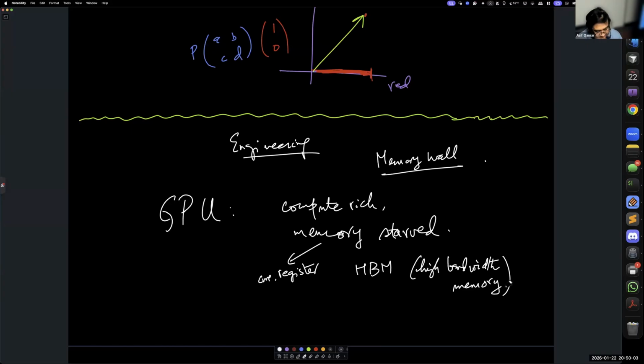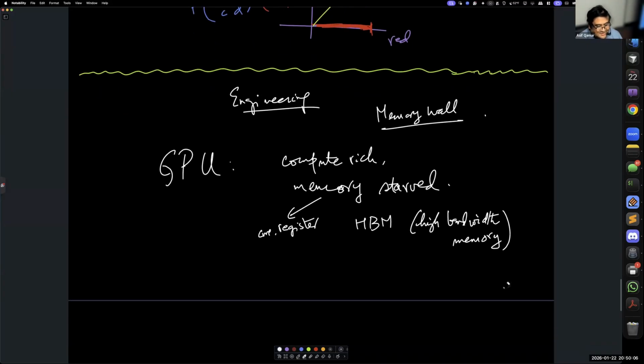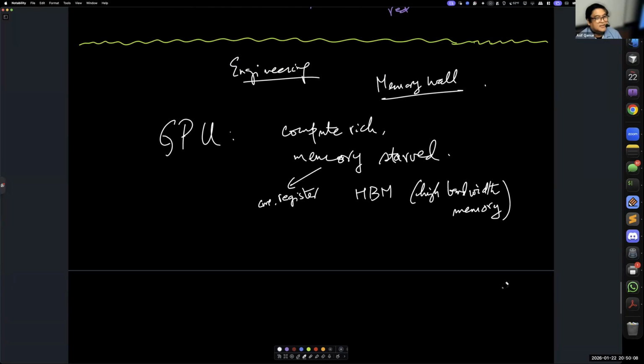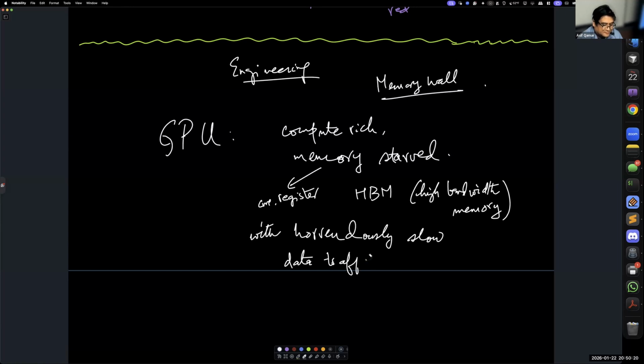But GPU's basic nature is compute rich, memory starved, with horrendously slow data traffic. If you want to move data from this GPU to another GPU, it is a catastrophe. The cores will just sit idle.